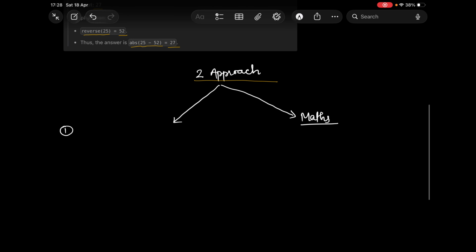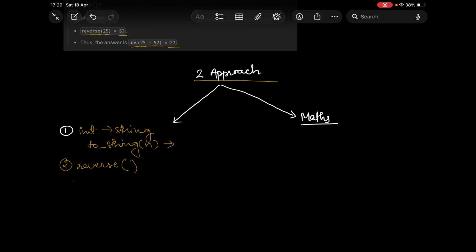One is, when the number is given to us, we can simply convert the integer value to a string. In C++ we can do it using to_string. This will give me a string value. Then we can reverse this string, and this will give us the reversed string value.